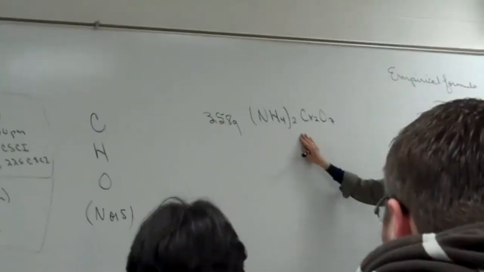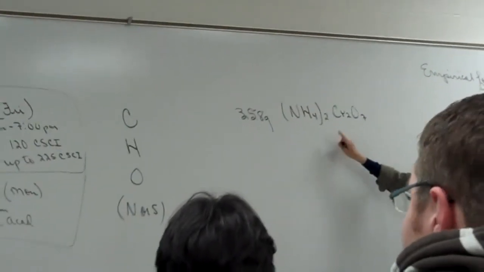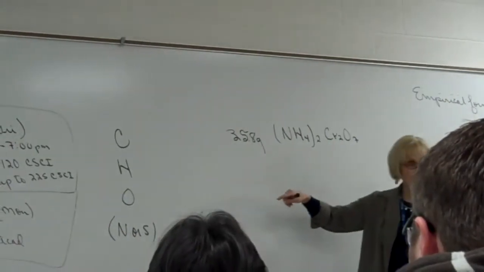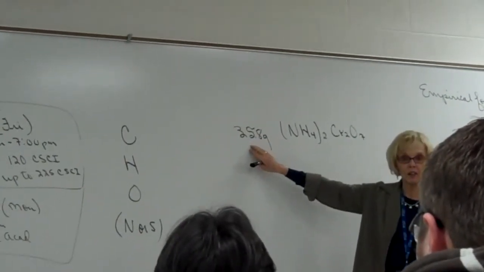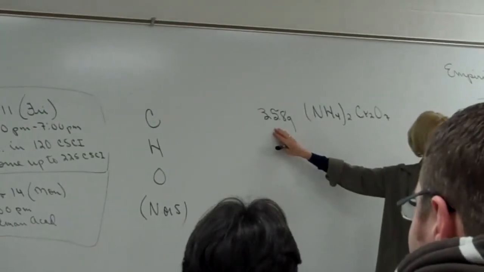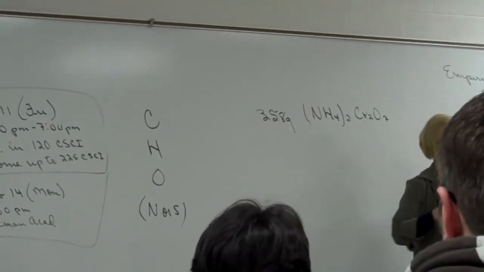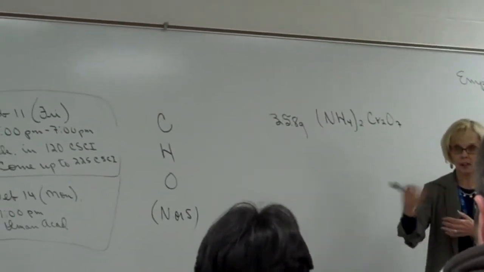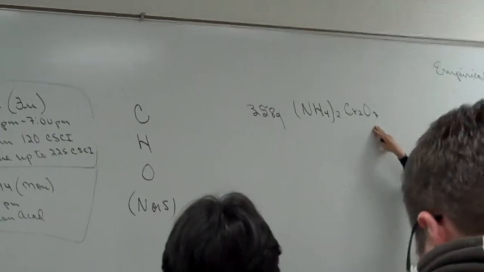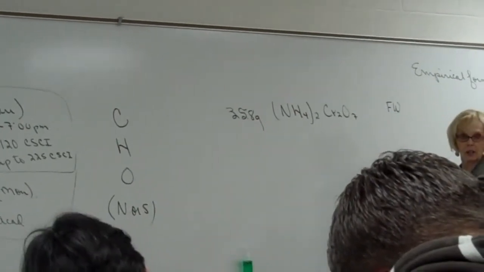If I can come up with the formula weight, step 1, and then I can come up with what percent is chromium, then in step 3, I can use that percentage and take that percentage of this. You follow that reasoning? Okay, we've got this much of this. We're going to pretend we can totally rip it apart and get at that chromium, purify it, go sell it. Okay, so first, step 1, if we want to go the percent route, I need a formula weight.